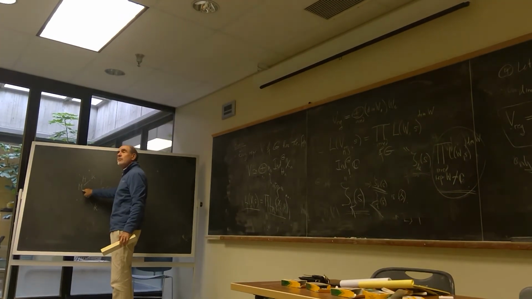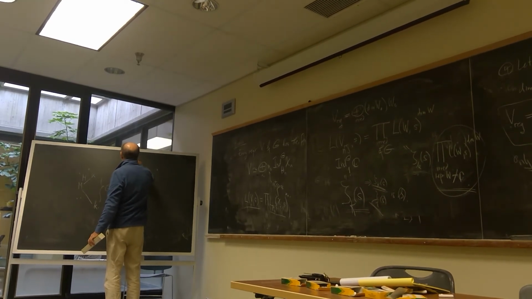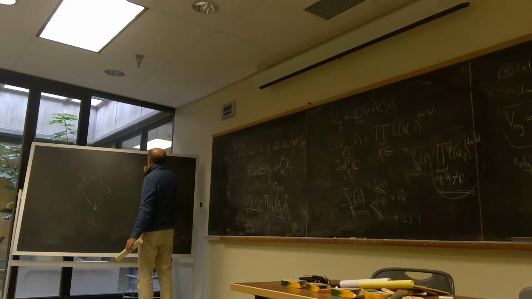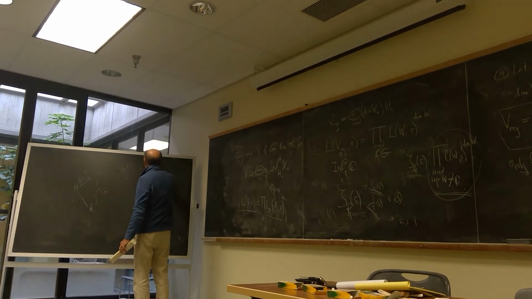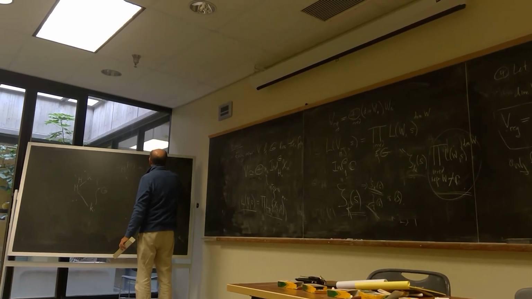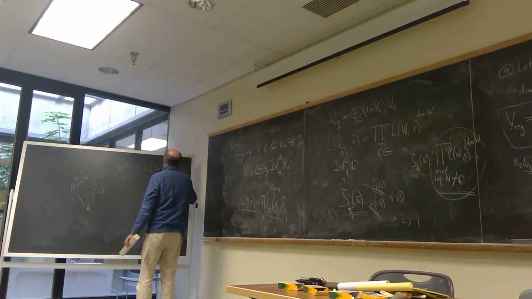Then M corresponds to a subgroup H, right? The zeta function of M, s is the same as the L function of the induced representation from H to G of the trivial representation, s.